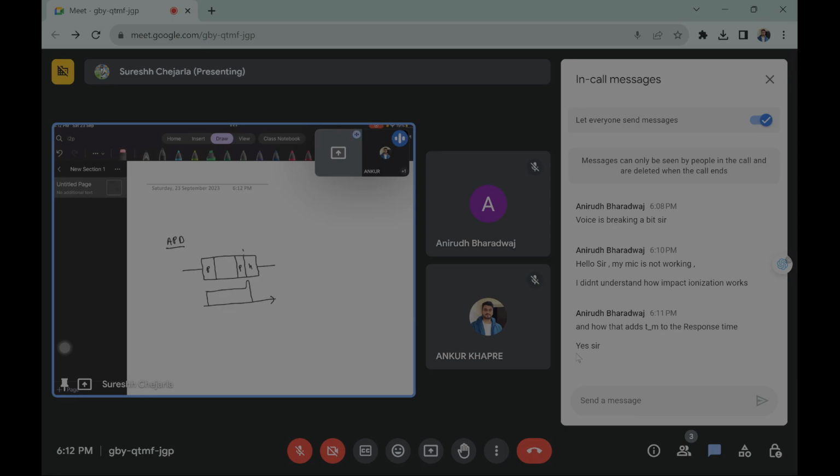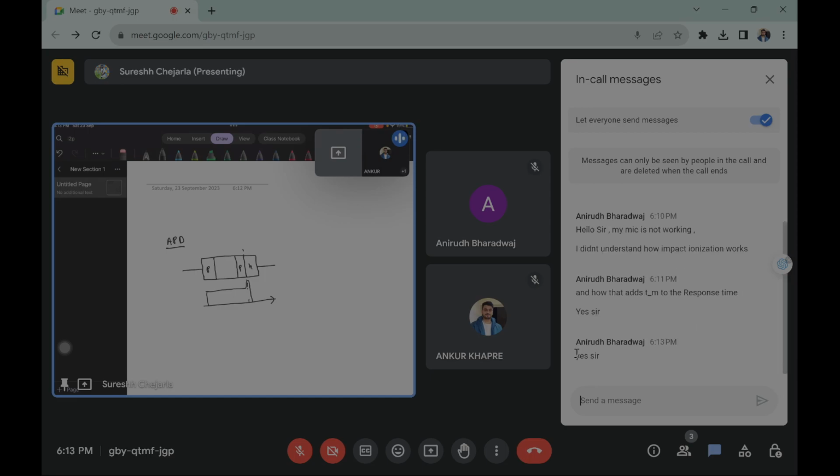The electric field at this junction is very high. It is in the order of 10 power 4, 10 power 3 volt per centimeter.